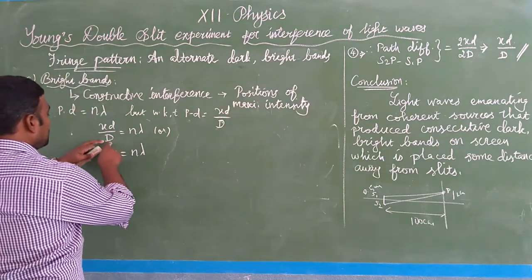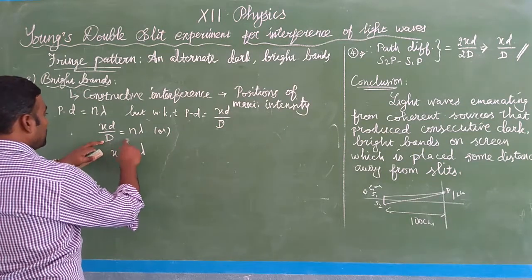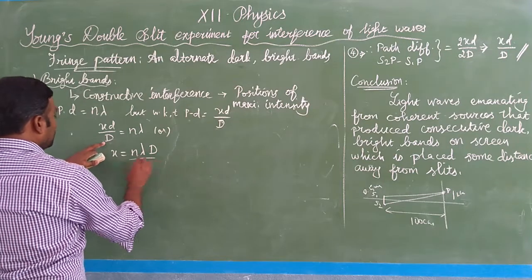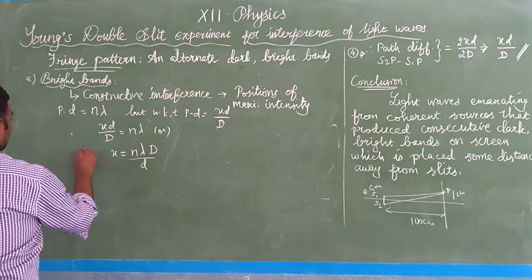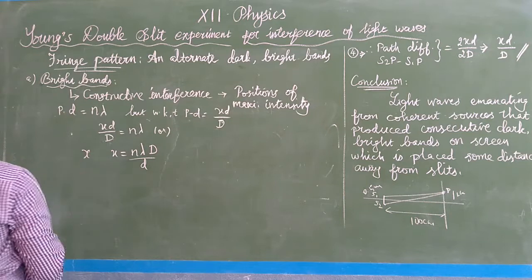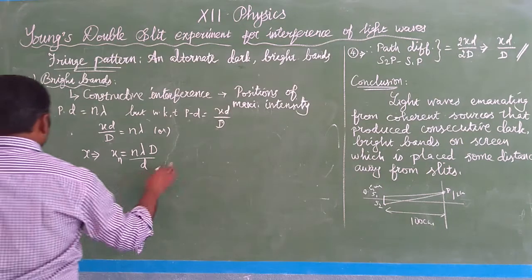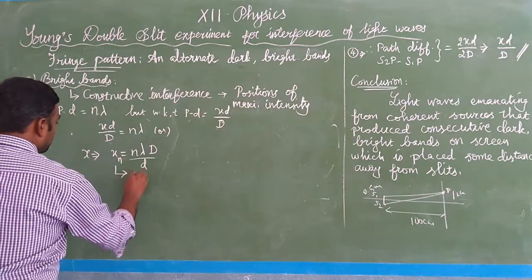So x is equal to n lambda D by d, the denominator term coming to the right hand side. So this is what? This is the position of the nth bright band.